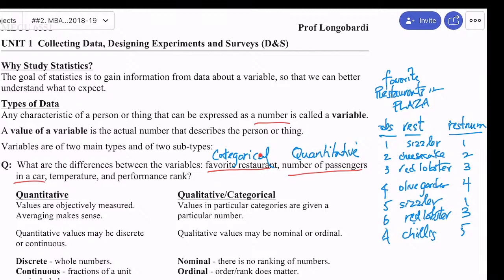All right, so that's the main difference. They're both different types of variables, but there's a further distinction, a subtype. I'm going to ask you, out of the last two, what's the difference between these two in terms of categorical and quantitative? Which one is categorical out of these two?